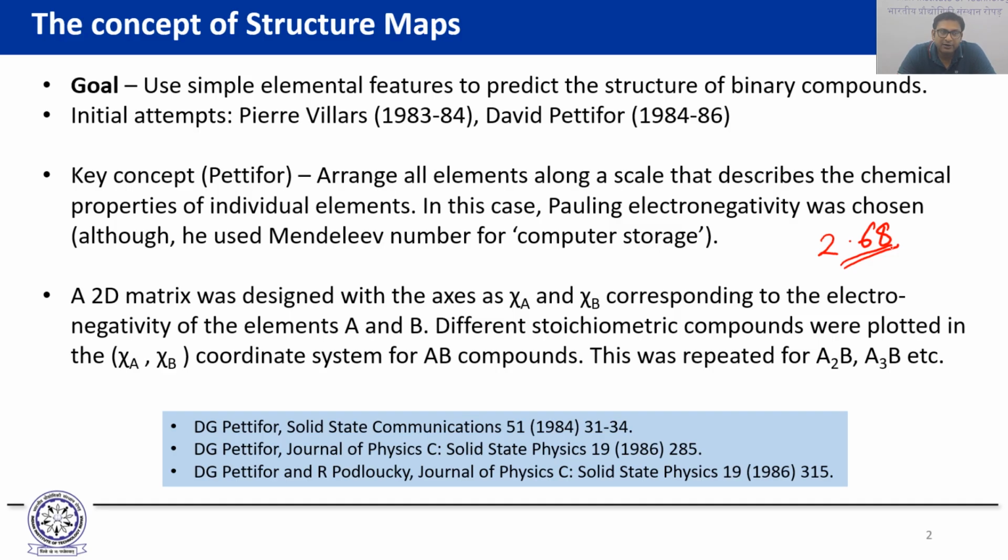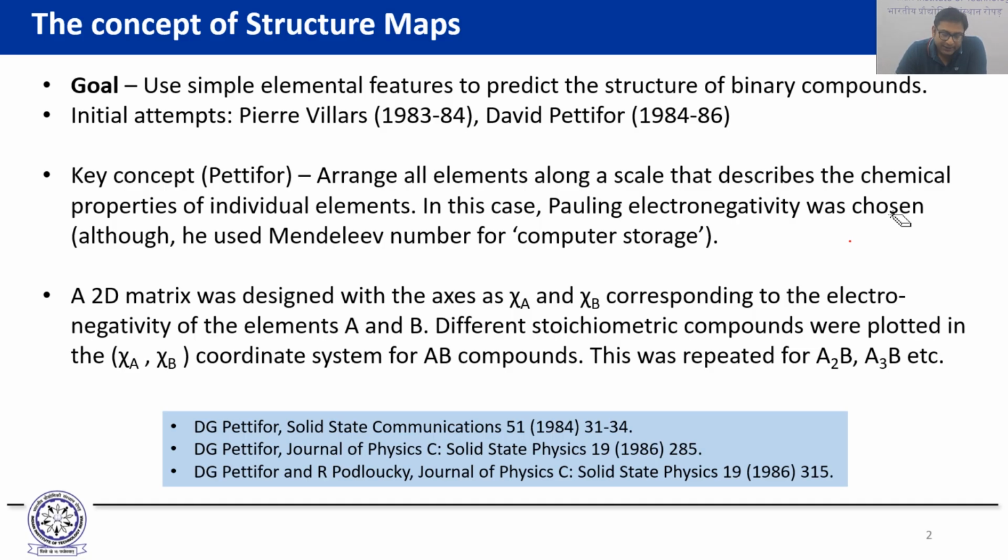And so that is where he went to one of the earlier attempts of the periodic table, which was taken by Mendeleev. So essentially, Pettifor decided to arrange the elements according to Pauling's electronegativity, and he found that this can be done if he used the Mendeleev number. So the Mendeleev number turned out to be a very convenient way in which he could handle the storage issues.